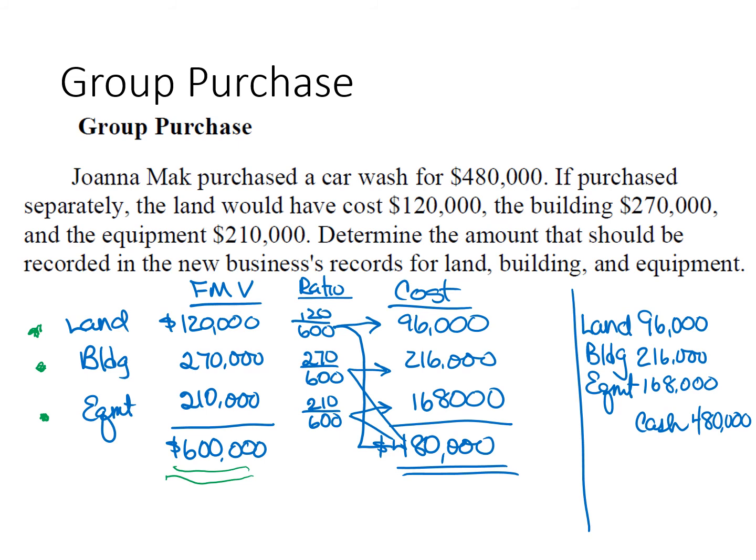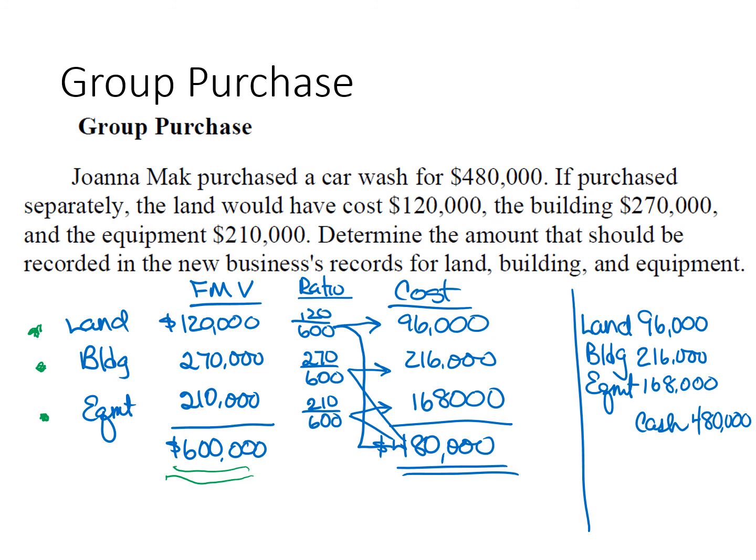So the land is going to be allocated $96,000 of the $480,000, and that's what the cost of the land will be recorded at. The building, because it has a fair market value of $270,000 over the sum of all the fair market values of $600,000, is going to be allocated $216,000 of the $480,000.